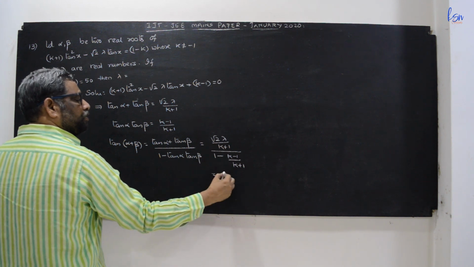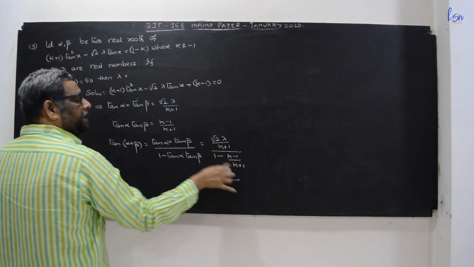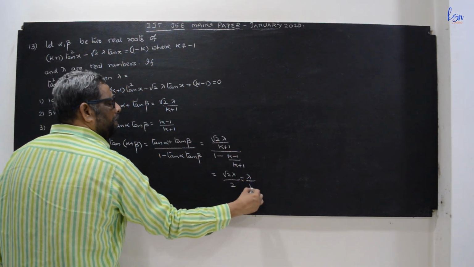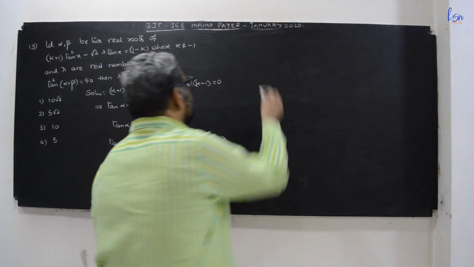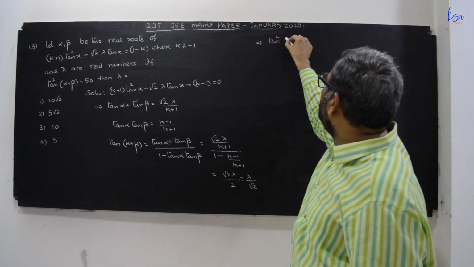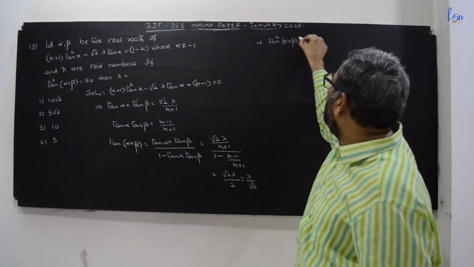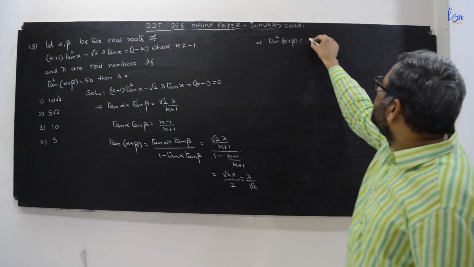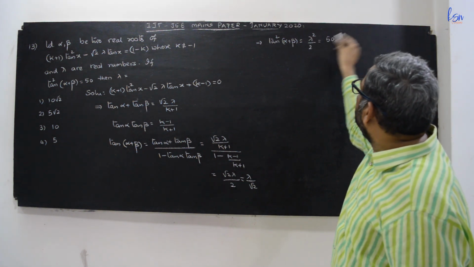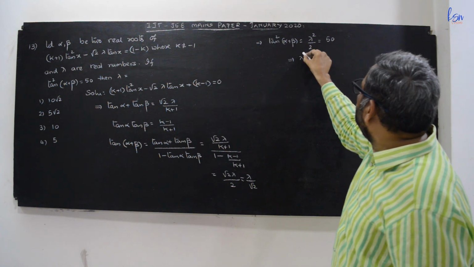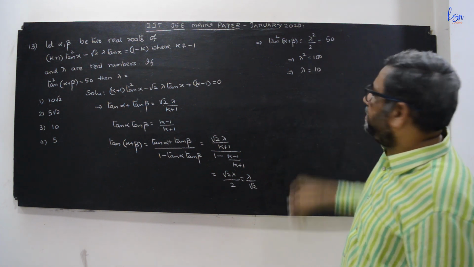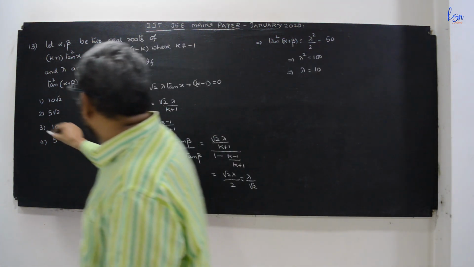This is equal to root 2 lambda by k plus 1 minus k plus 1, that is 2, and that is equal to lambda by root 2. Implies tan square alpha plus beta is equal to lambda square by 2 is equal to 50 given. Implies lambda square equal to 100, implies lambda is equal to 10. So the third one is the option.